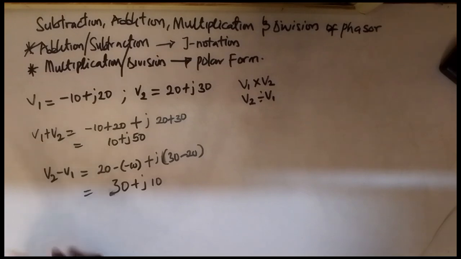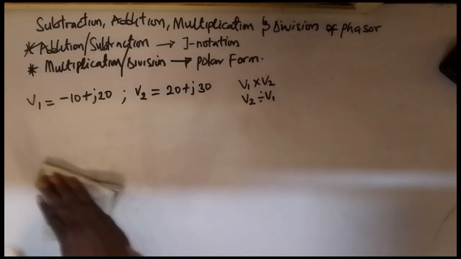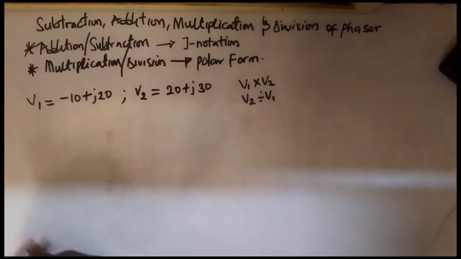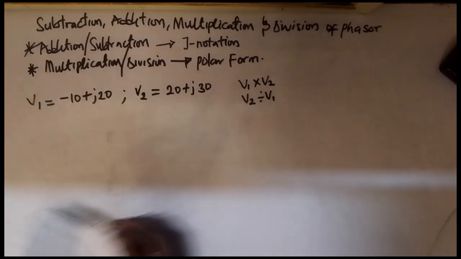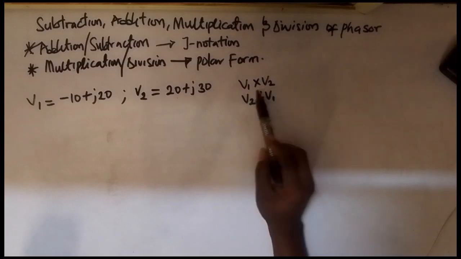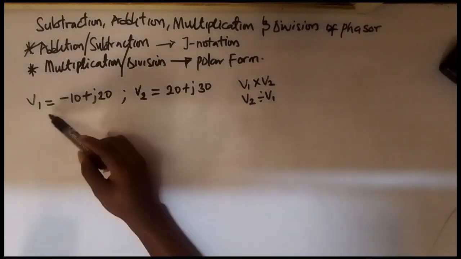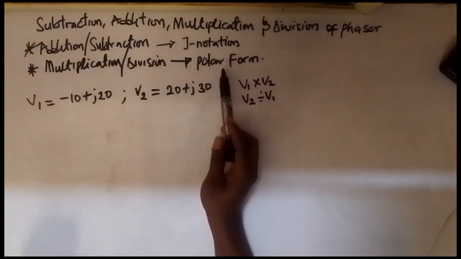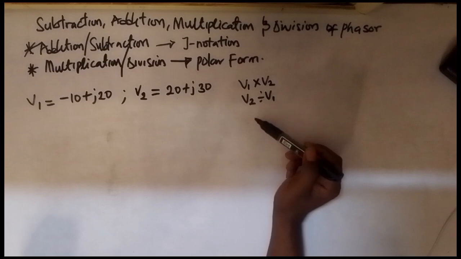Let's see how this goes. So I'll just clean this up. For the multiplication, all we have to do is first of all convert these to polar form, from which we can then perform our multiplication and division easily.